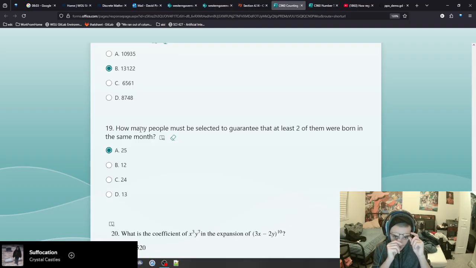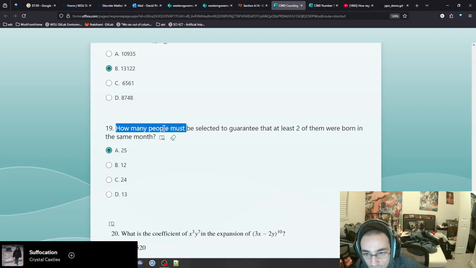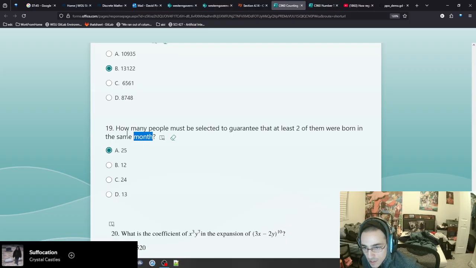Why are they in different months, or what? Oh my god! To guarantee at least 2 of them are born in the same month.